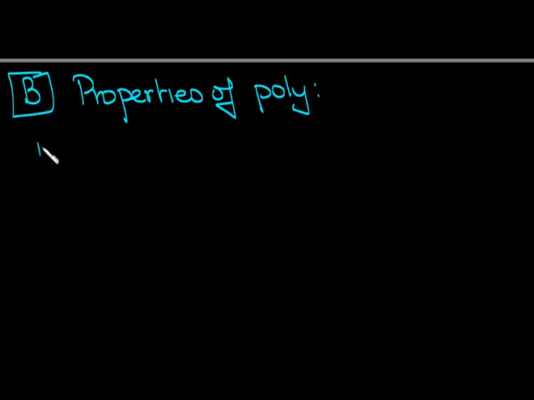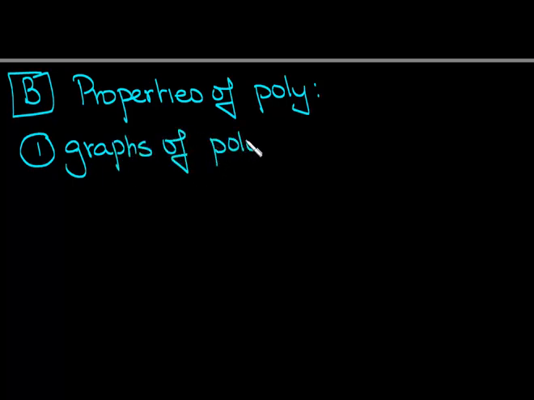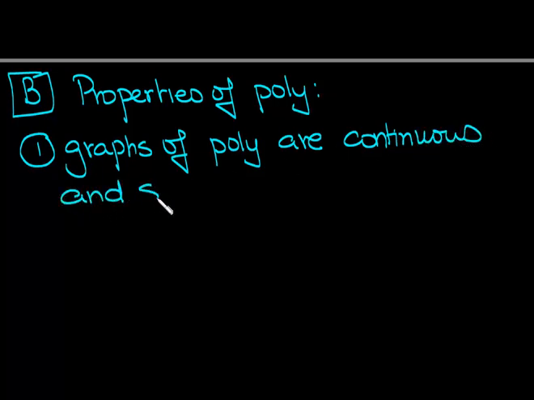The first is, graphs of polynomials and polynomial functions are continuous. Continuous means there's no gaps in them. So they're continuous and smooth. That means there's no sharp edges to them.